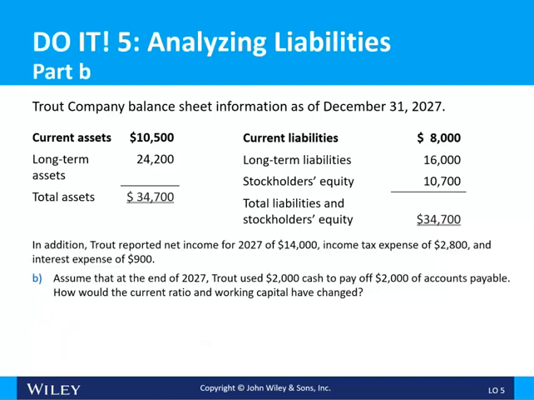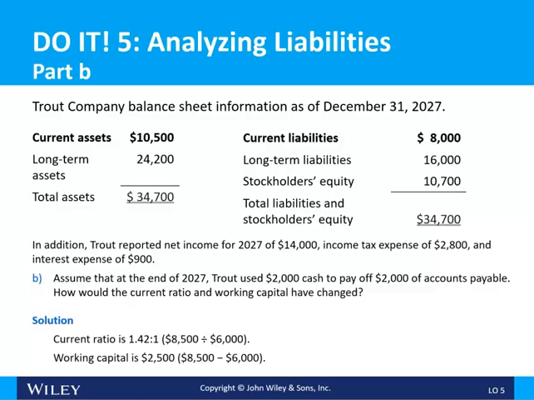And then, they issued $2,000 cash to pay off $2,000 of accounts payable. How would the current ratio and working capital have changed? Again, we calculate those items. The current ratio is up now to 1.42 to 1 versus the 1.31 that we saw on the previous slide.